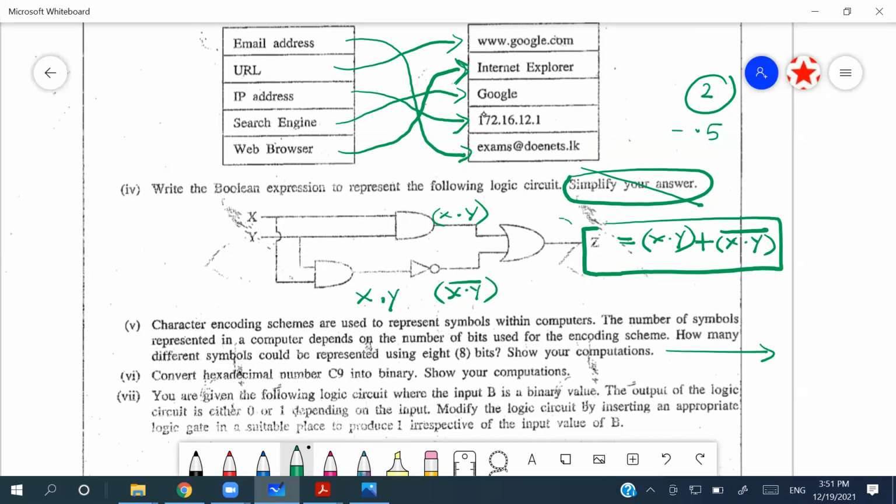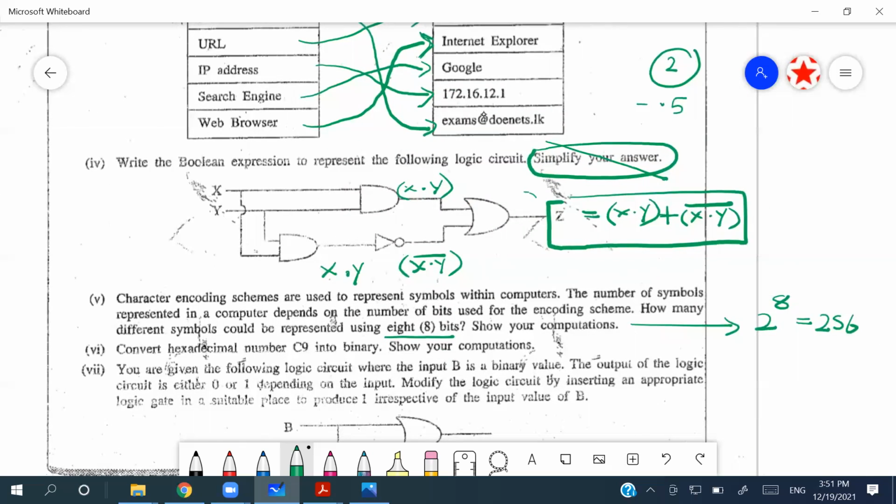So that is how we calculate the number of different combinations that you can have. If it is 8 bits, your answer is going to be 2 to the power 8, which means 256. So it's better you keep it as a number, 256.